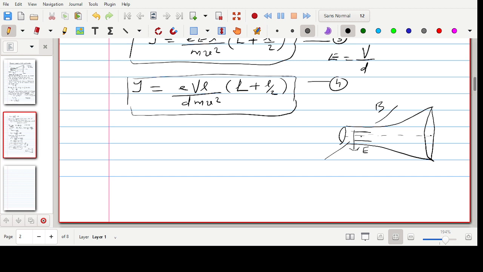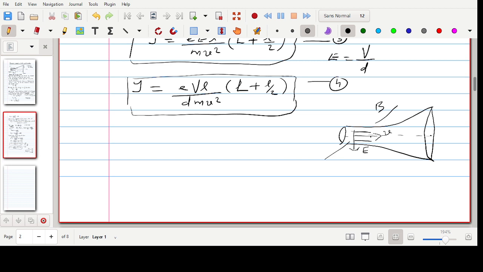The electron beams are moving along this direction. So the electric field will be balanced by magnetic field. In presence of electric field, the electron beam is shifting in the positive y direction. So you apply magnetic field along the z direction, positive z direction or negative z direction.